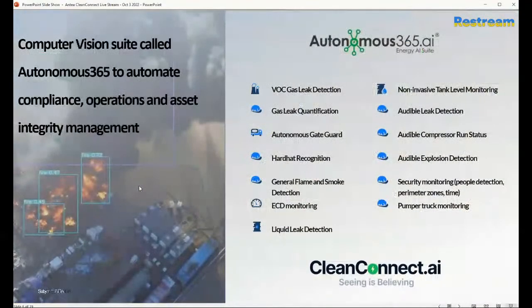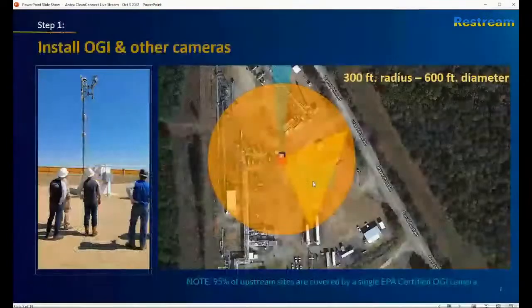Yeah. So what CleanConnect is, we have a computer vision suite, and it is designed to help automate compliance, operations, and now asset integrity management. So this suite includes gas leak detection, quantification, autonomous gate guard, hard hat recognition, general flame and smoke, combustor device monitoring, liquid leak, and many more, which I'm going to show you.